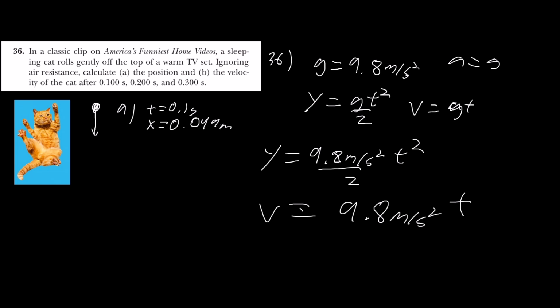If t equals 0.2 seconds, the position is going to be 0.196 meters. And if t equals 0.3 seconds, the position here is 0.441 meters.